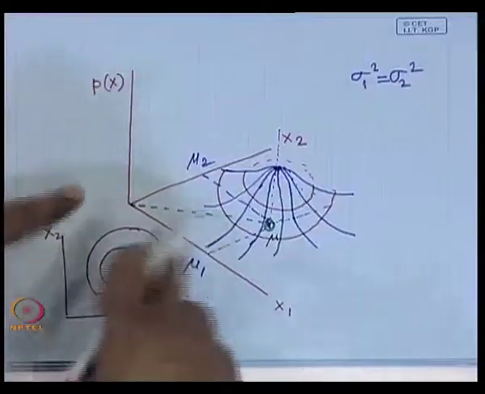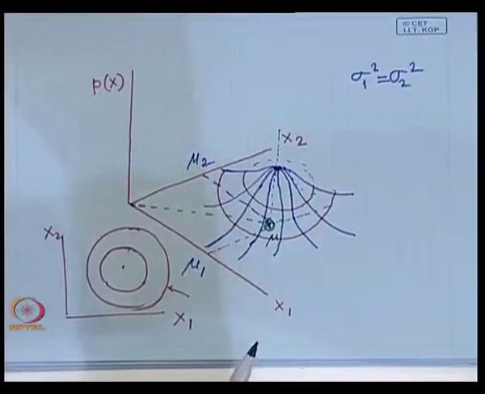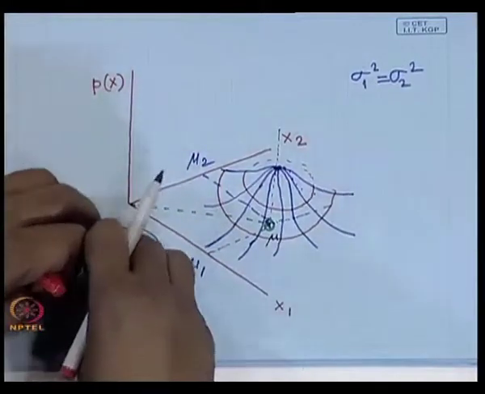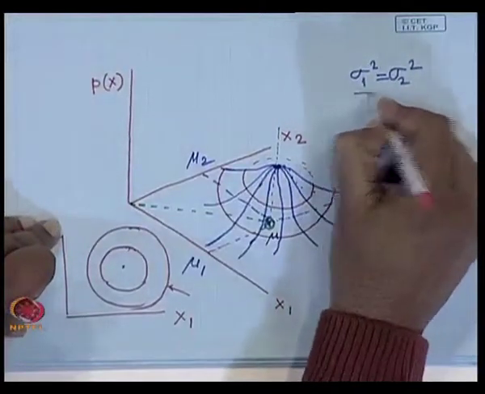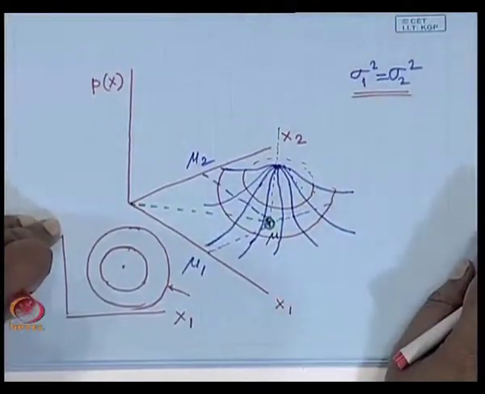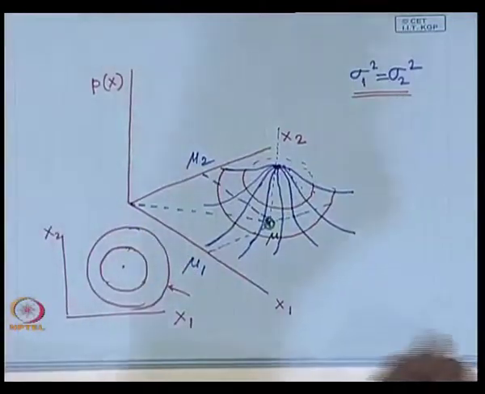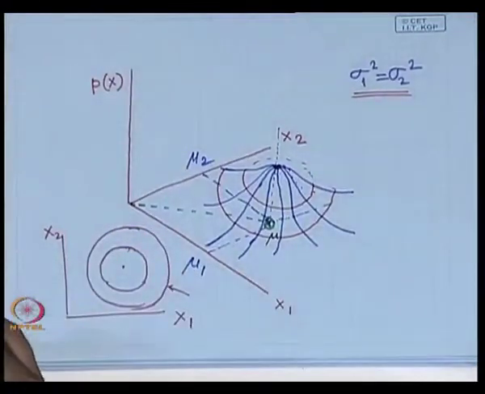When I take up the first object, I do not make use of any information of what was the previous object that I have taken. So, just blindly you go on taking the samples from a population and the points will be distributed in this form. This is the simple case that I have taken, when sigma 1 square is equal to sigma 2 square, that means the variance along the x 1 dimension and the variance along the x 2 dimension are the same. What happens if the variances are different?